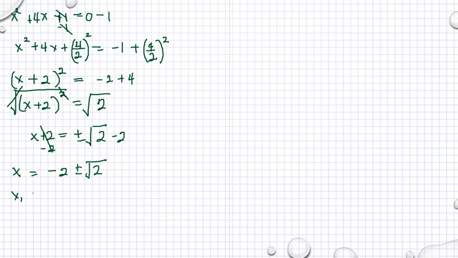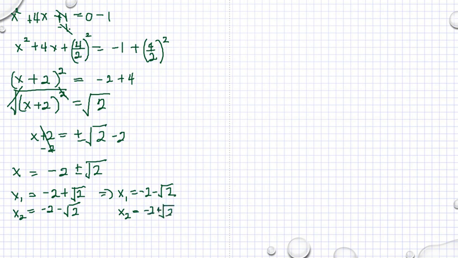So my first solution is x sub 1 equals negative 2 plus the square root of 3, and then x sub 2 is equal to negative 2 minus the square root of 3. It doesn't matter if you begin with the minus. If you wrote it this way, x sub 1 is equal to negative 2 minus the square root of 3, and x sub 2 is equal to negative 2 plus the square root of 3, you can see that it is the same.